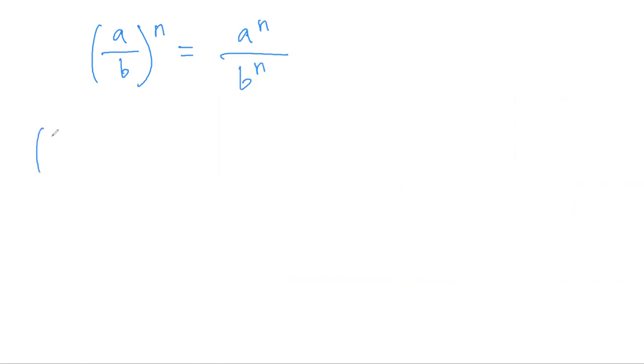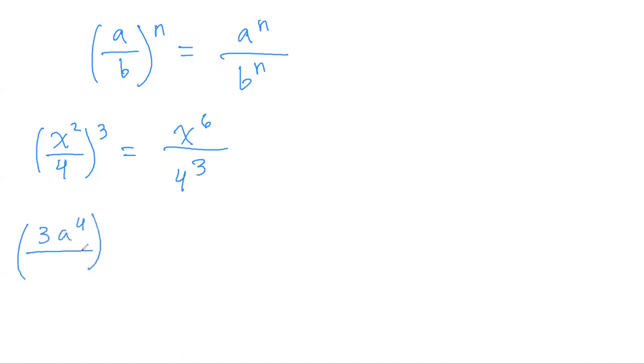So for example, if I had (x squared over 4) to the third, this is the same thing as x to the 6th over 4 cubed. (3a to the 4th over b cubed) squared is the same thing as 3 squared a to the 8th over b to the 6th. So if you notice again, I'm distributing this power onto everything, which in turn you just multiply the exponents.